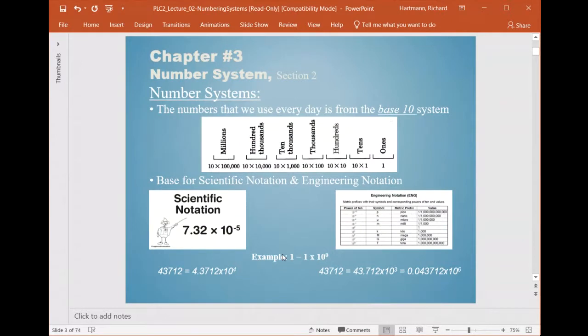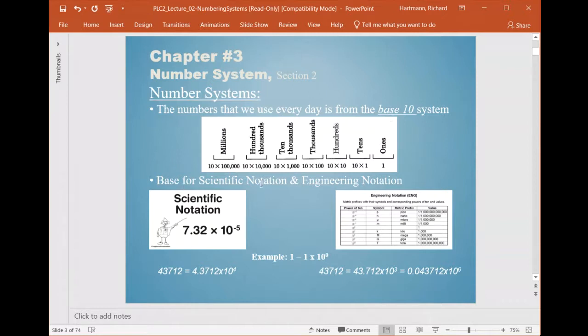When we add up numbers, we basically have these places: the ones place, the tens place, the hundreds, the thousands, the 10,000s, and so on.